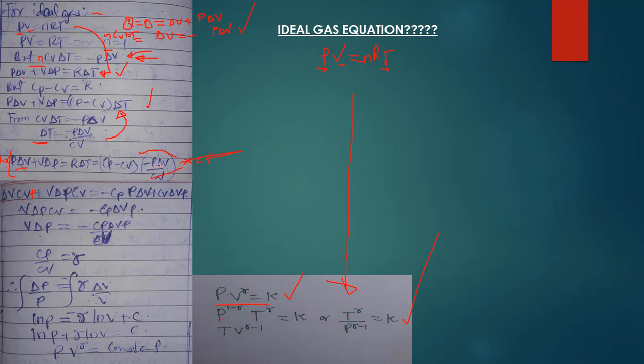Kwa hiyo itabaki negative P change in V. If we expand hiyo bracket, tutaanza Cp itakuwa negative Cp P change in V. Minus na minus inakuwa plus, so plus Cv P change in V.